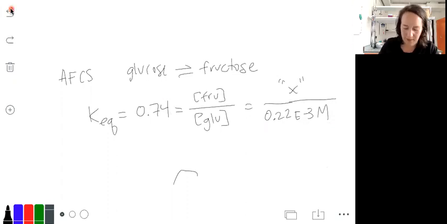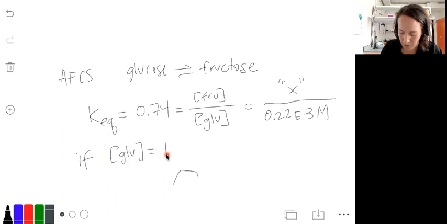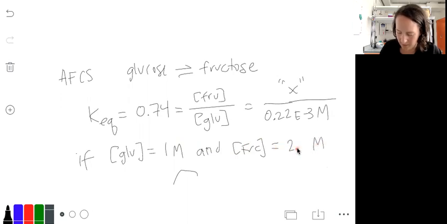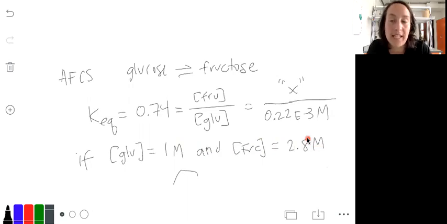But what if the other question was, if you have a mixture of glucose and fructose, and the concentration of glucose is equal to 1 molar, and the concentration of fructose is equal to 2.8 molar, which way will the reaction proceed?